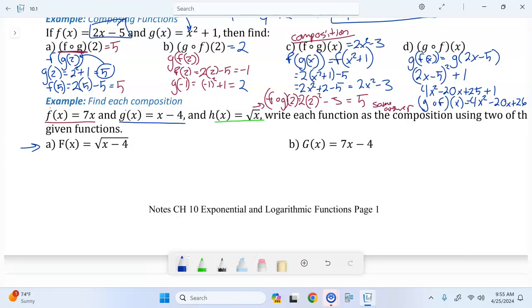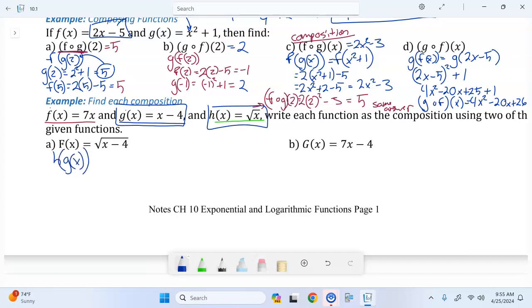G of x and h of x, right? These 2 together compose to give us F of x. But we need to compose them in the right order. Which function will be the input to the other function? Okay, let's try it. You want g of x to be the input, right? Into h of x.